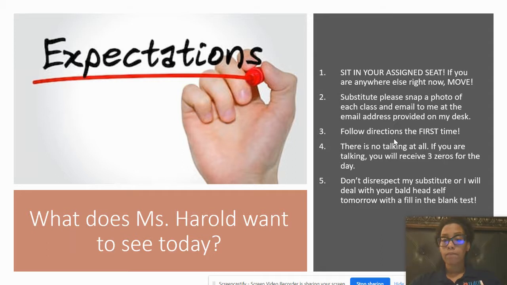Do not disrespect my substitute under any circumstances, or I'm going to deal with you tomorrow with that fill in the blank good old test. So please be respectful to my substitute. She's taken time out of her day to come and be with you guys. So please be respectful and do whatever she asks you to do. Thank you guys. So let's go ahead and get started.